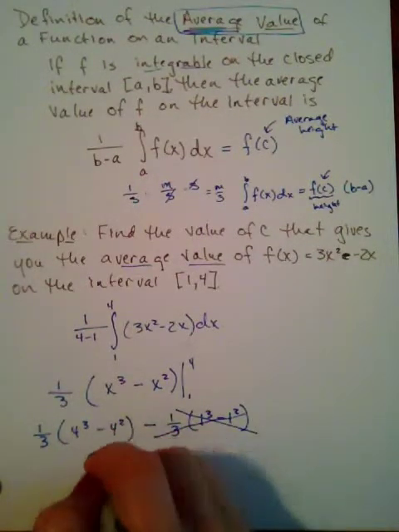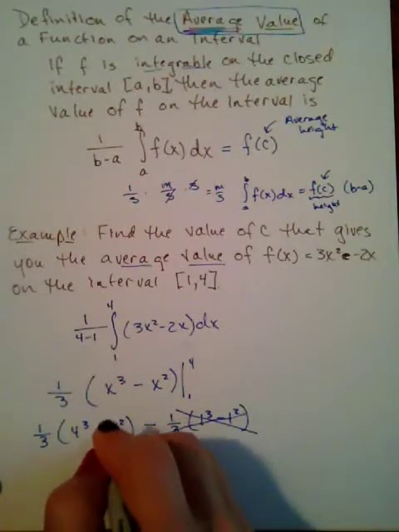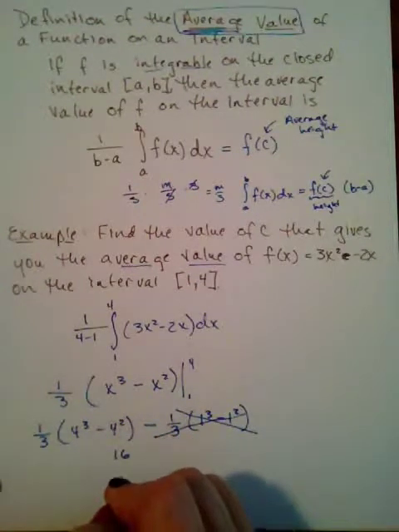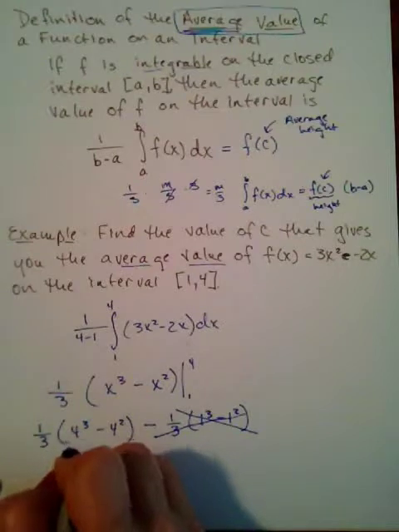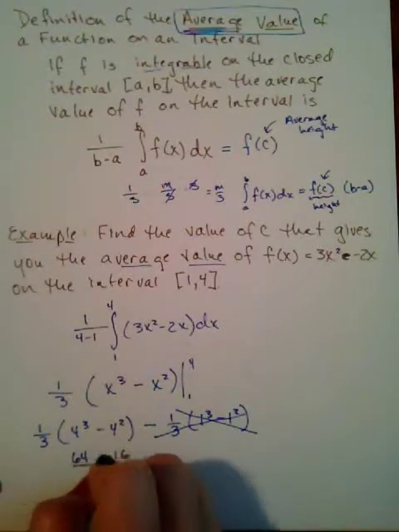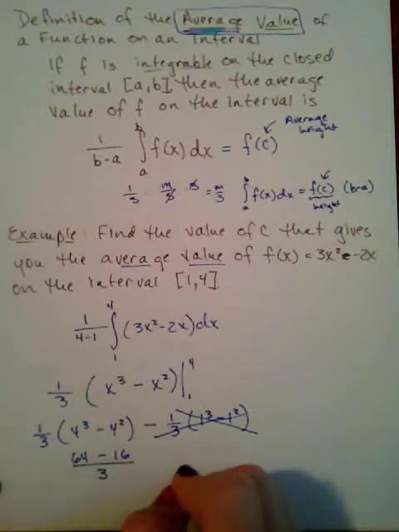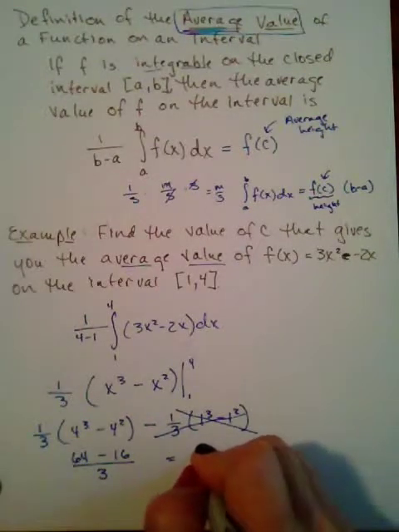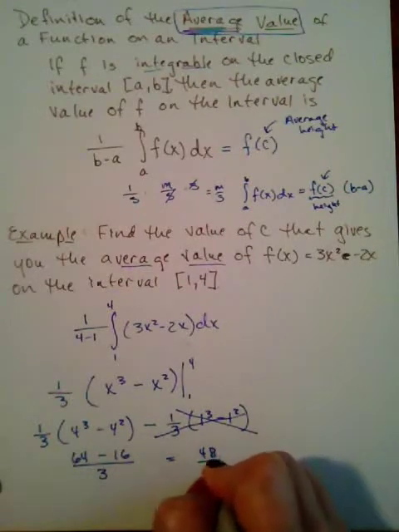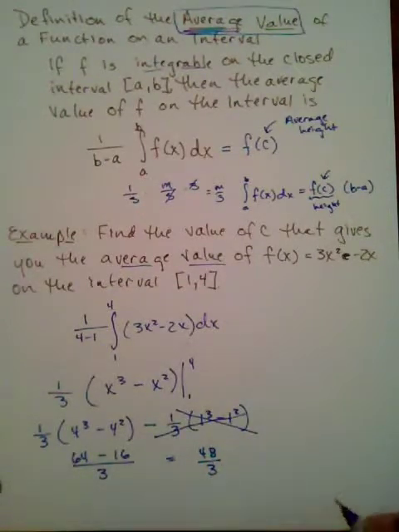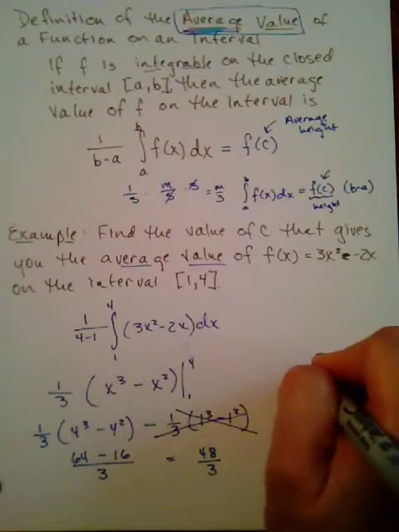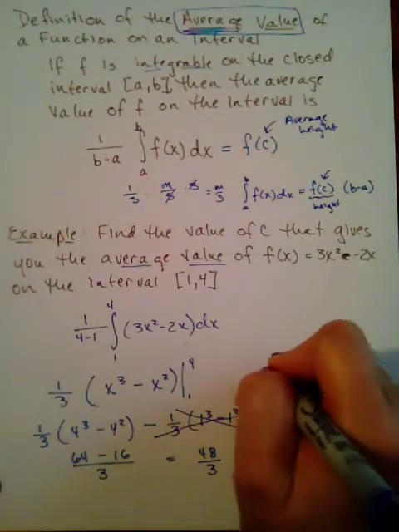So I know 4 squared is 16. Multiply that by 4, and I get a 64. So it's equal to 64 minus 16 over 3. And that is equal to a 48 over 3. And while I should be able to do that in my head, I think I know.